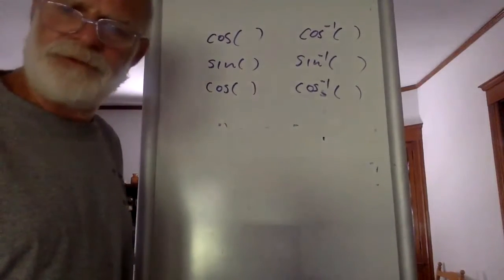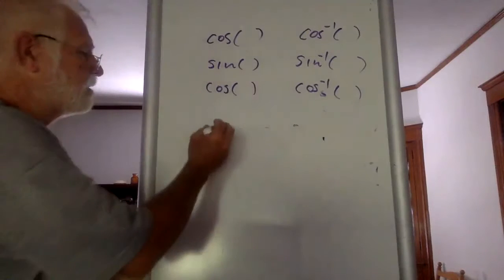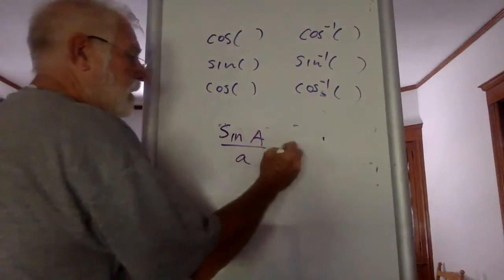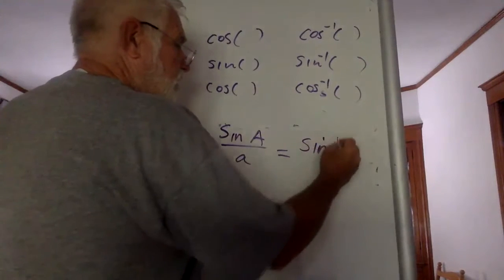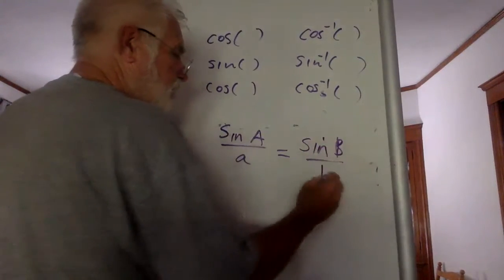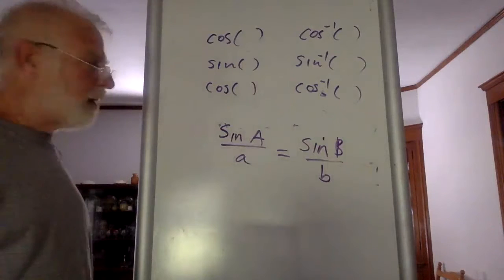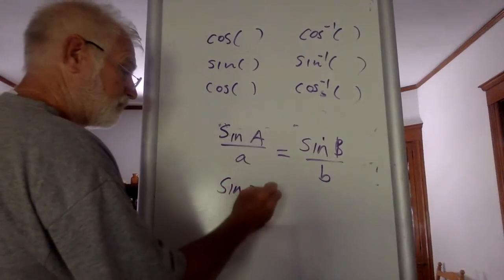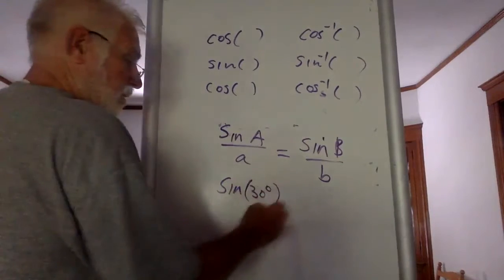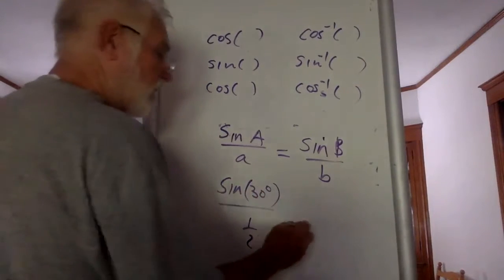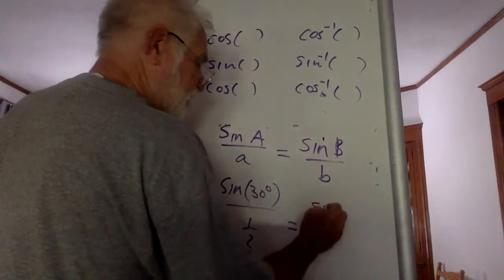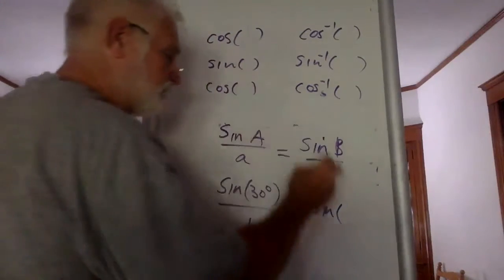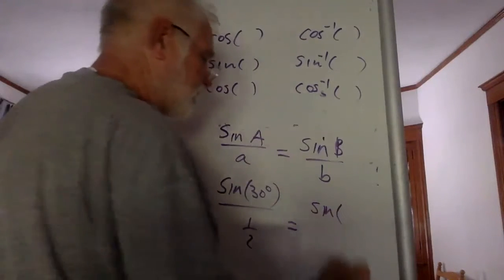Law of sines. Let's see if the law of sines really works. Let's see if the sine of angle A divided by A is equal to the sine of angle B divided by B for a triangle we know. How about the sine of 30 degrees compared to a half, the way that the sine of 60 degrees compares to root 3 over 2. 30, 60, 90, yeah.